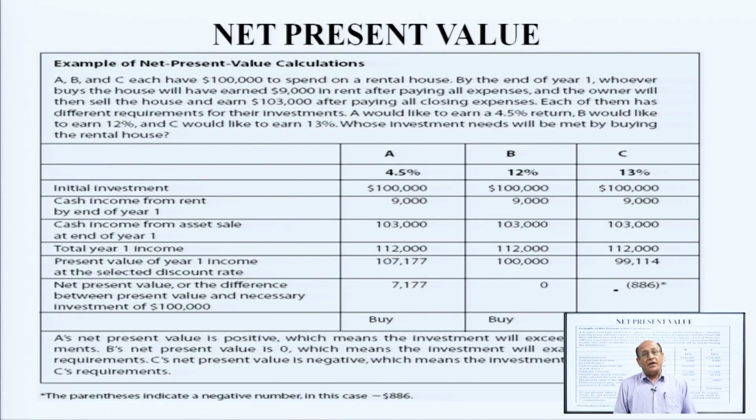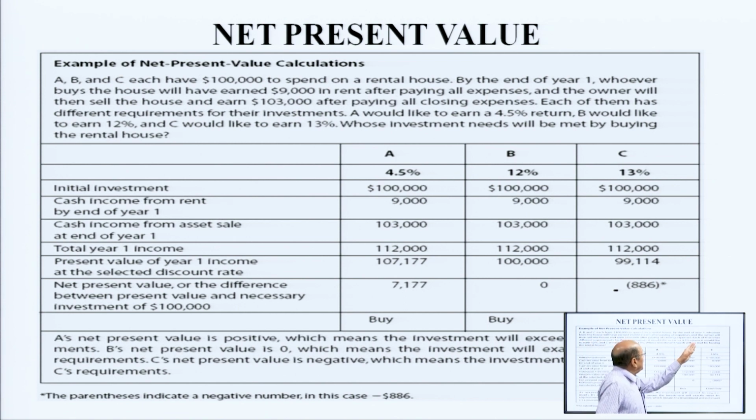Now, we come to an example, which has been taken from the internet. This is an example of a net present value calculation. We see here A, B, C each have 1 lakh to spend on a rental house.